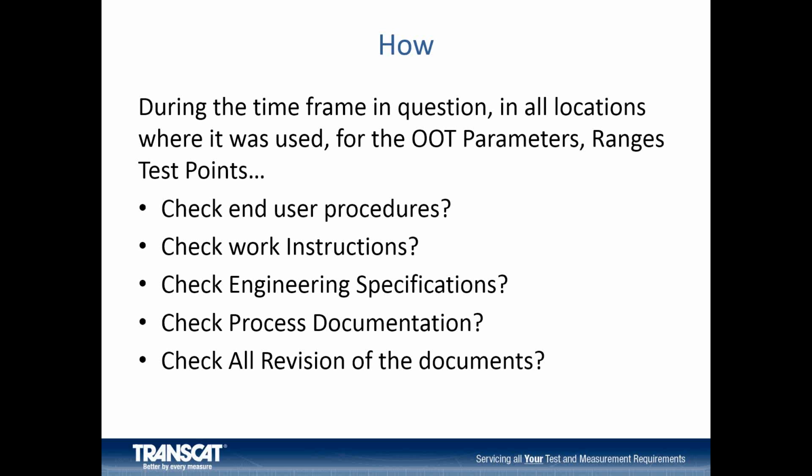At this point, if you've answered no to all these questions, congratulations, you don't have any recall analysis to do. You finished it. You know that nothing was impacted. For example, say a Fluke 87 is found out of tolerance at the 10 millivolt range, 50 kHz.